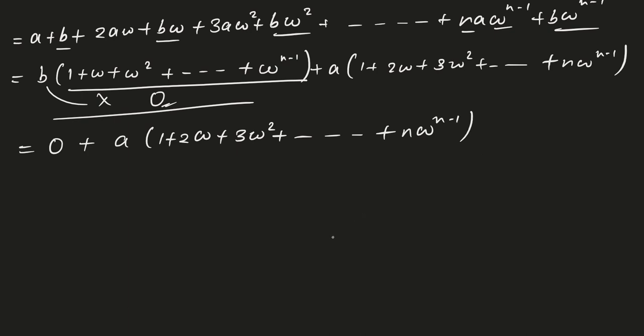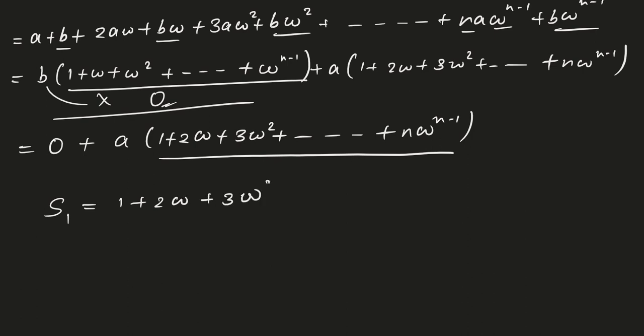Now if you observe a little, you will understand that this series is nothing but an arithmetico-geometric progression, and there is a standard way to solve it. We'll assume that this is the summation S, with the last term omega n minus 1.